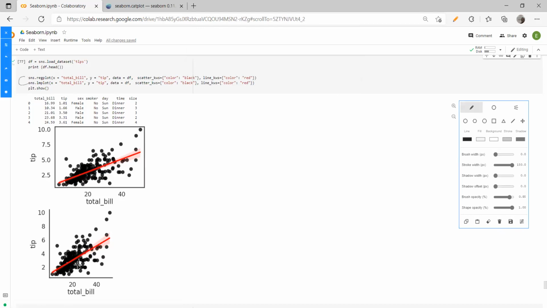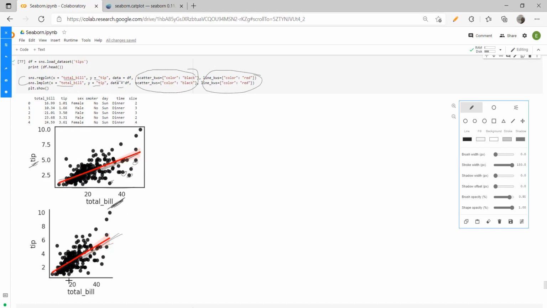So what are regplot and lmplot saying? The same thing. It shows the total bill on the x-axis and the tip on the y-axis. The data is coming from a data frame, and we are showing the scatter dots in black color, and the line plotting the relationship in red color.